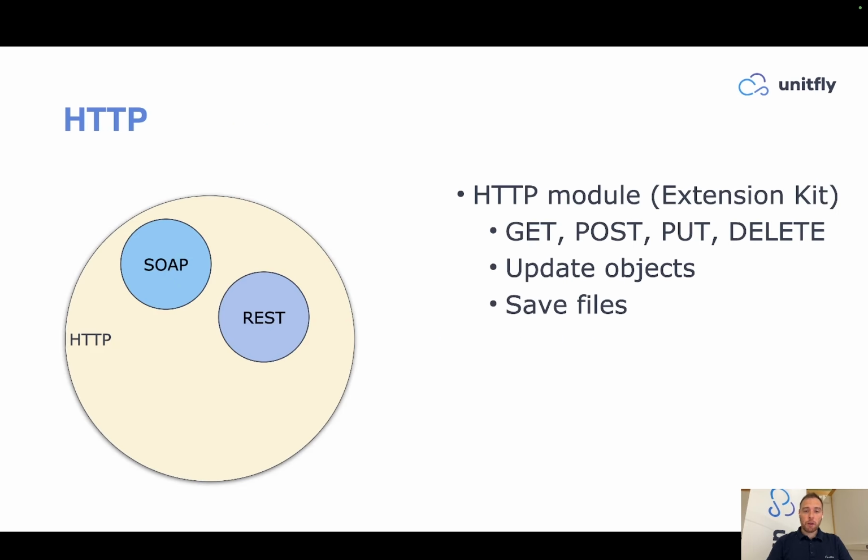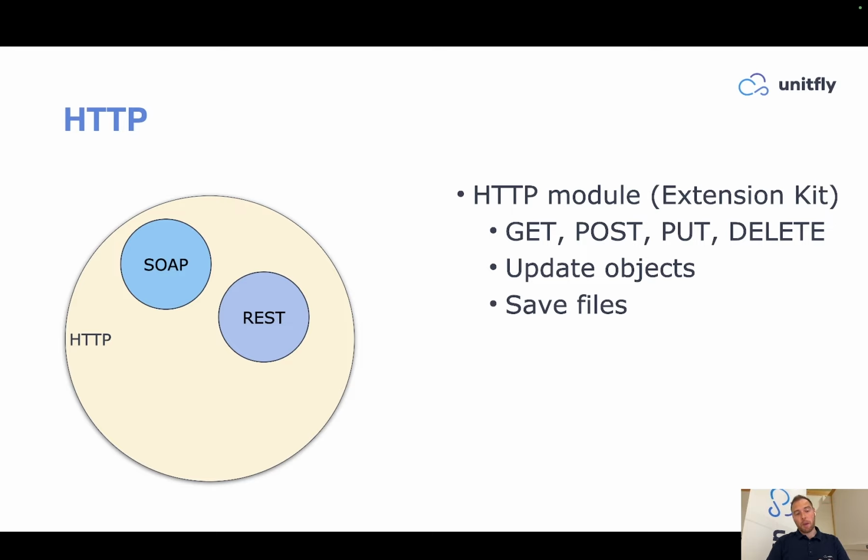In our last webinar, we covered the SOAP and REST web service. Just to quickly go through: SOAP is a messaging protocol that uses XML, and REST is an architectural style.